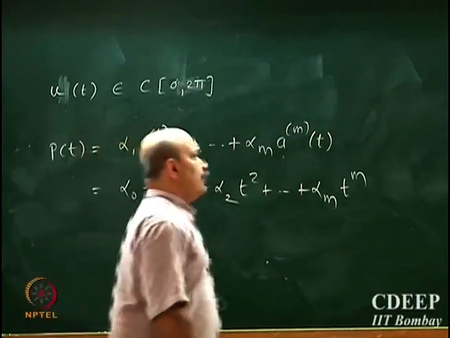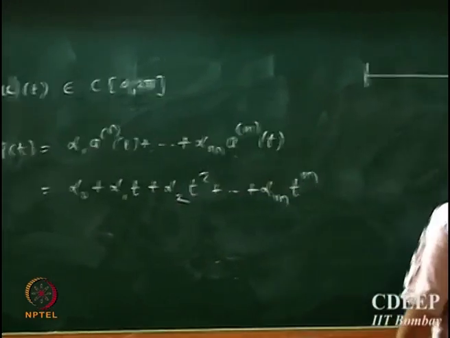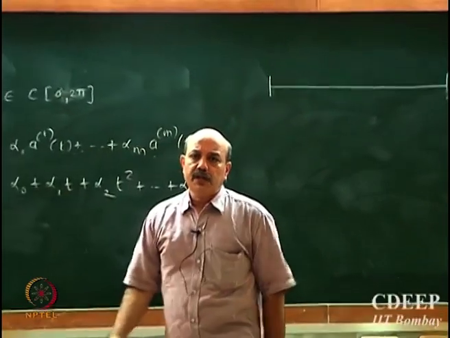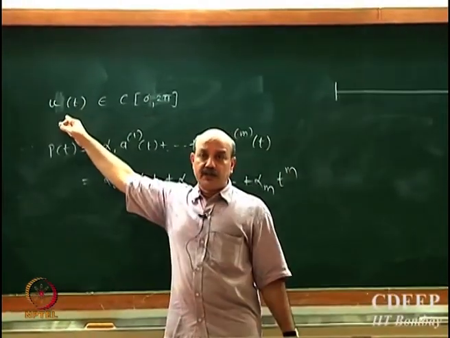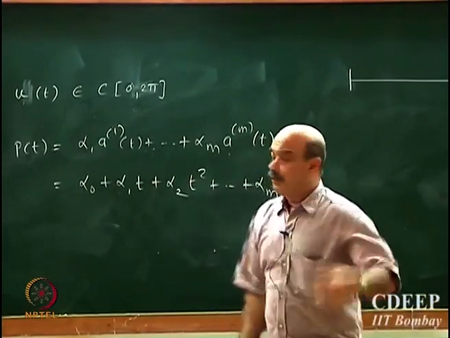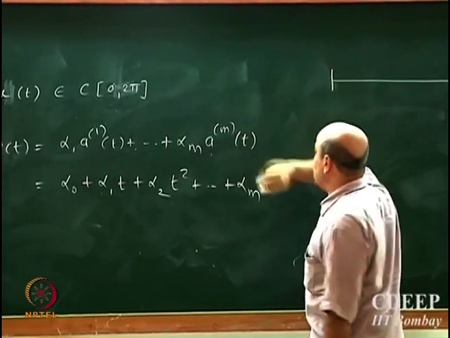Suppose you know this function, instead of knowing the entire function and trying to approximate it using a polynomial. Suppose you only know function values, you don't know the function, but that is a more practical problem in engineering.